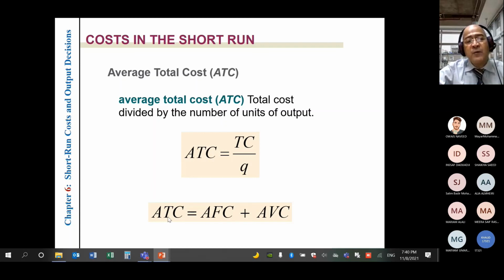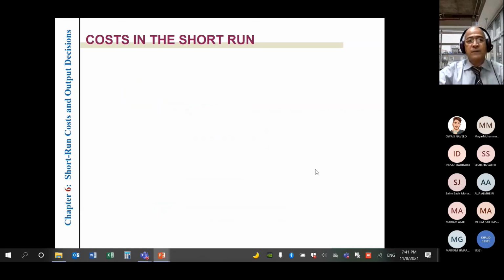Another method to calculate average total cost: average fixed cost is 500, from 1,000 divided by 2. And average variable cost is 9, from variable cost 18 divided by 2. So 500 plus 9 equals average total cost.